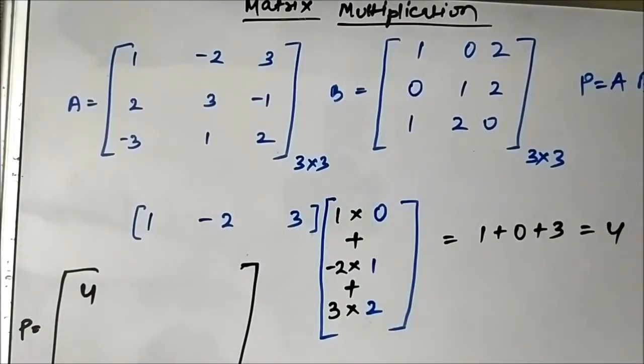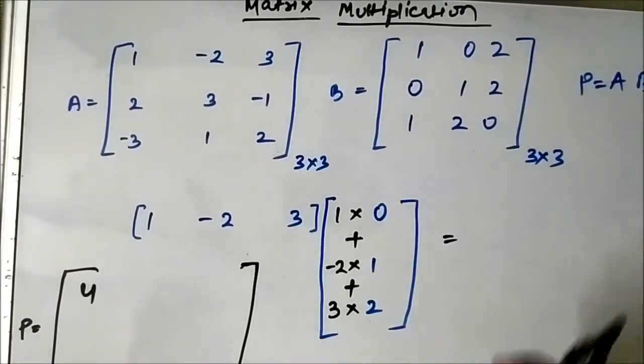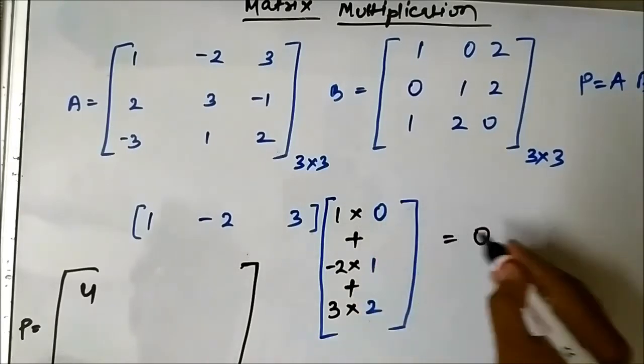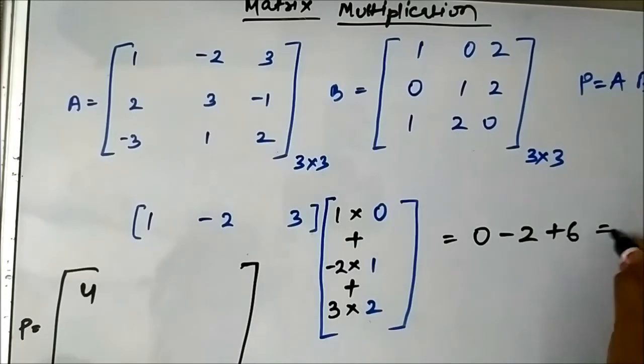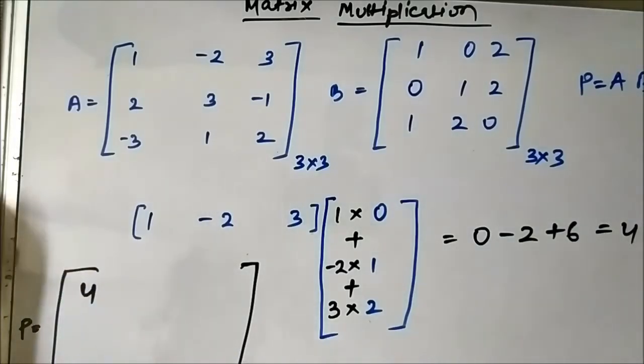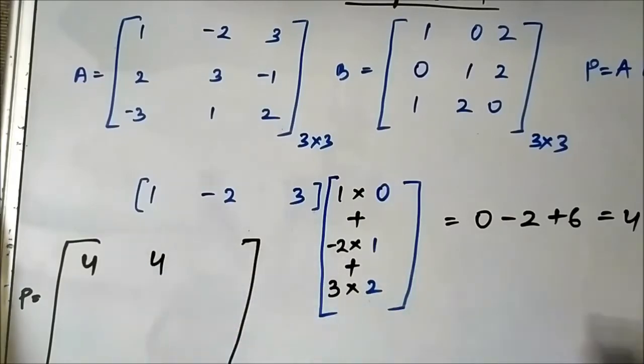Again the result will be 0 minus 2 plus 6, which is equal to 4. This gives us the second element of the first row, again 4.